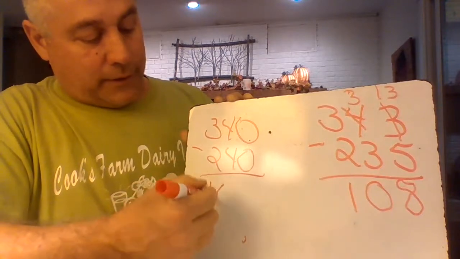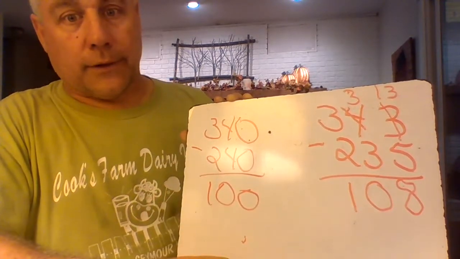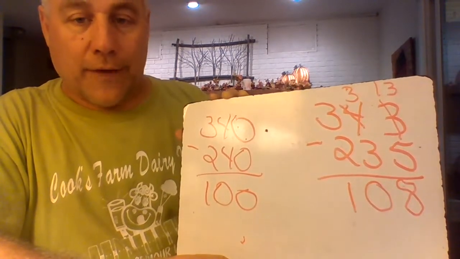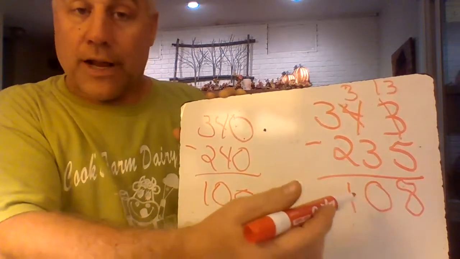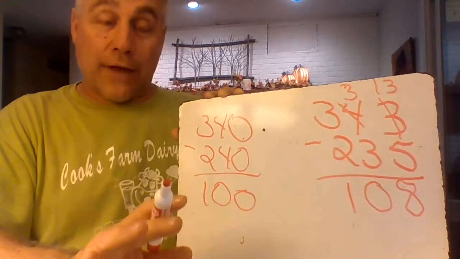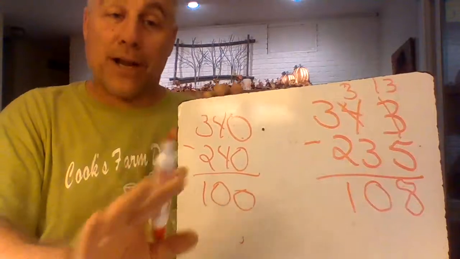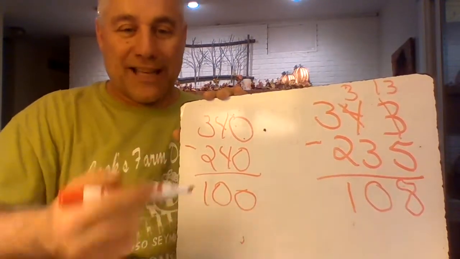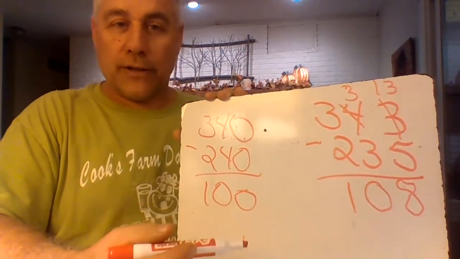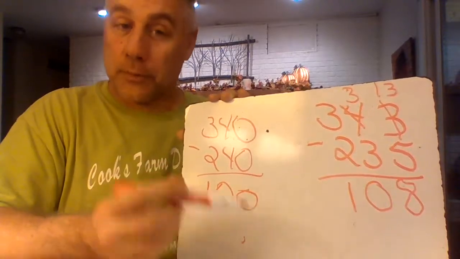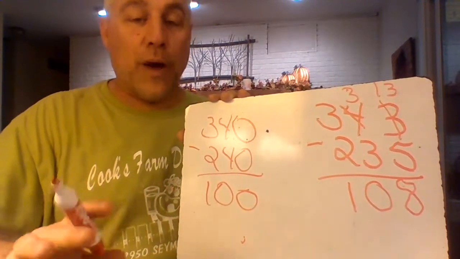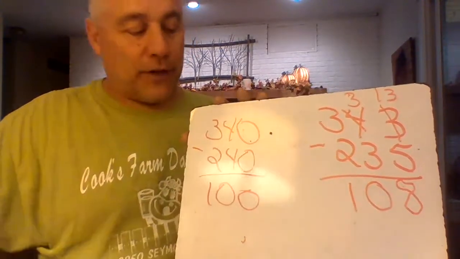And then guess what? We still get 100. So either way, you get 100 on that one, which is close to 108. So one way that I can check for accuracy is by doing a quick estimate. Does my estimate come close to what my answer is? If it does, my answer is probably right. If it's way off, then maybe I did something wrong.